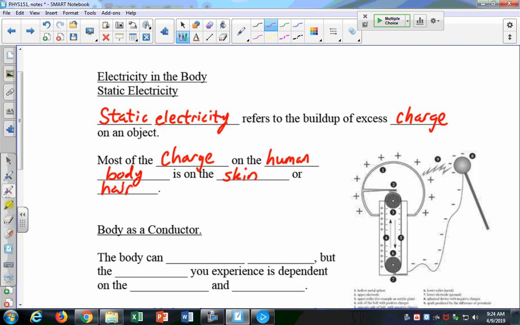So that's why on dry days, why on dry days? I said this. What is it about humid days that doesn't really allow for the transfer of charge very easily? The water, because water is a what type of molecule? It's a polar molecule, so it's a little bit negative on one side and a little bit positive on the other, and as it bumps up against you, it takes away those excess charges.